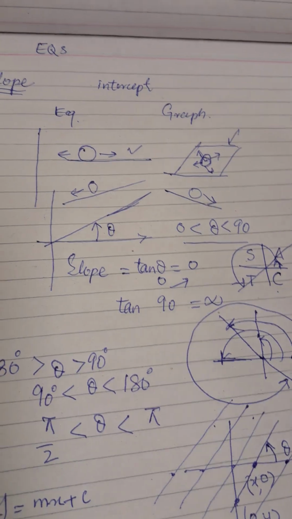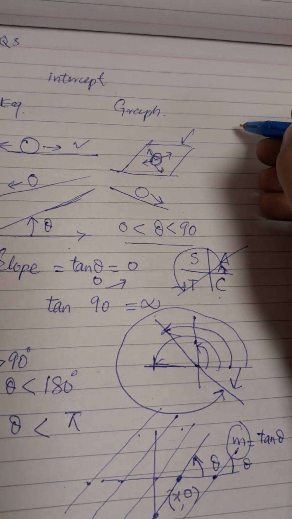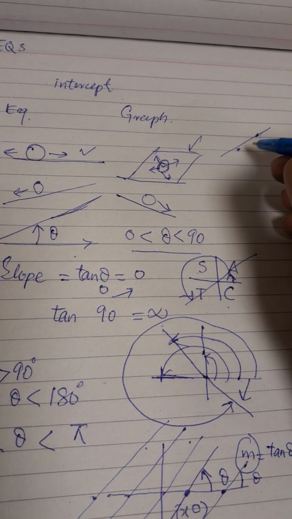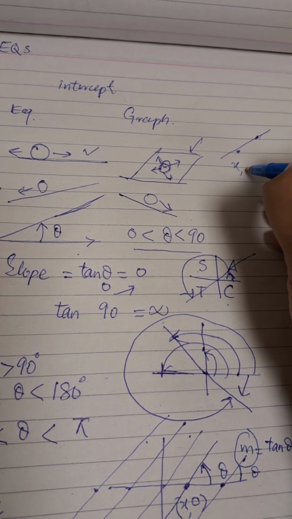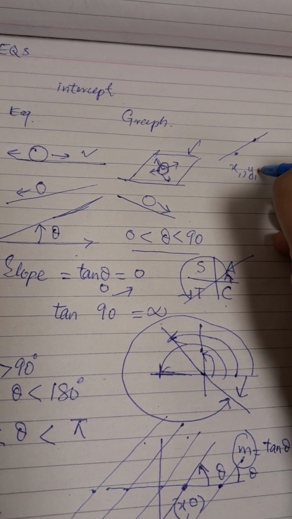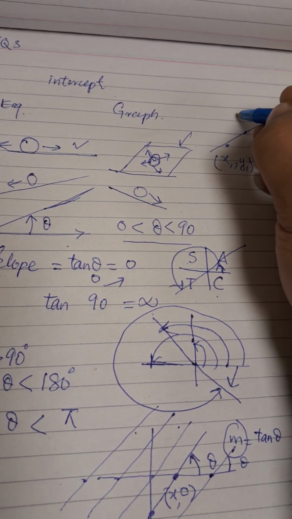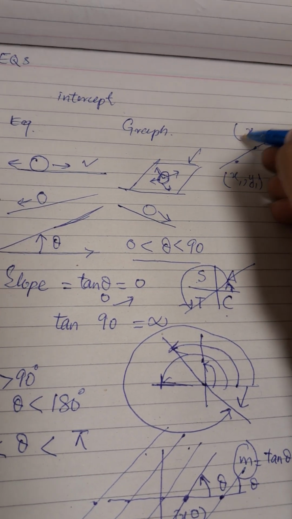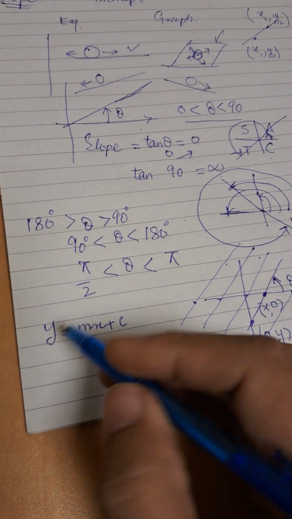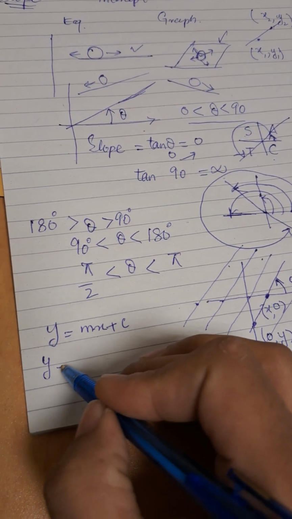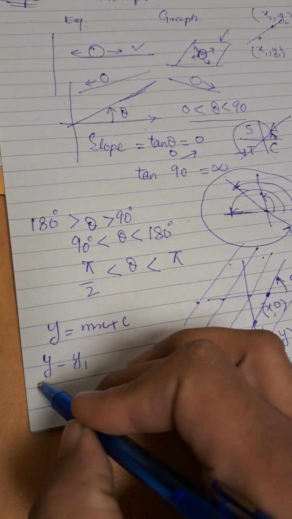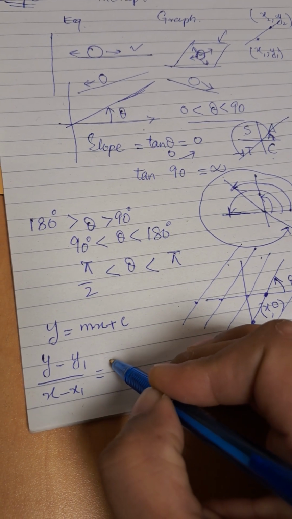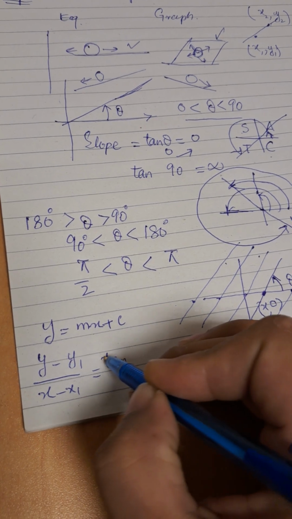For the other case, we can have 2 points and then we can connect the two. So the first point, let's suppose, has coordinates x1, y1, and the second one has x2, y2. So the equation in that particular case can be written as (y minus y1) by (x minus x1) equal to tan of theta.